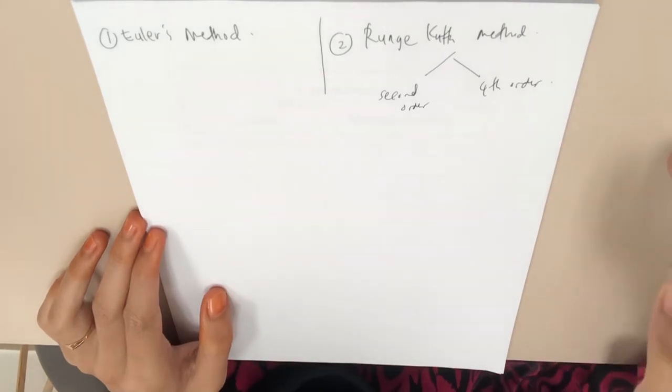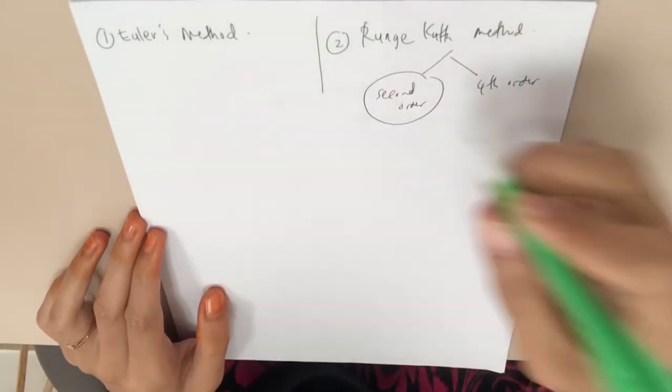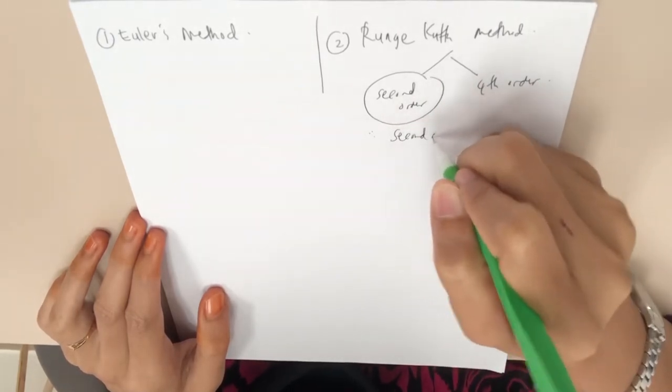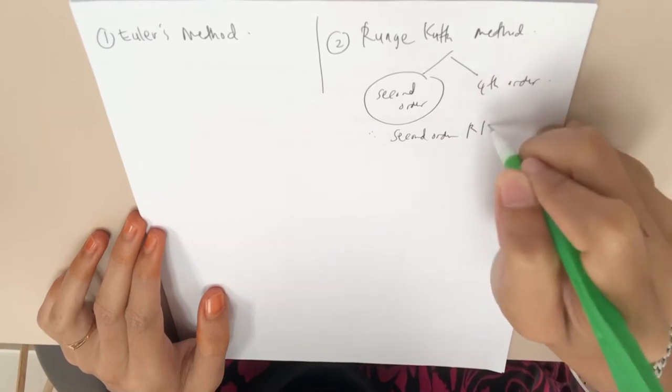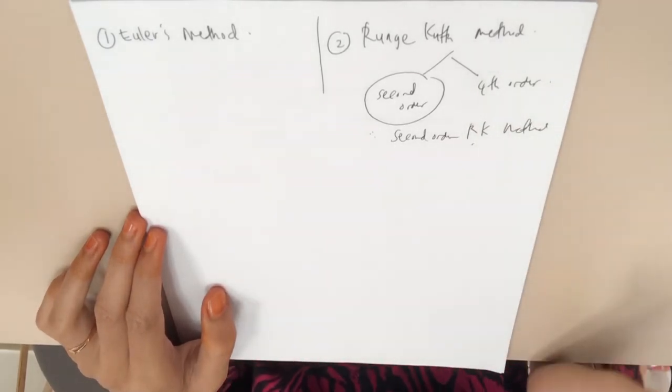But for our syllabus now, we will focus on second order. So the name for this method is the second order Runge-Kutta method. I use RK to stand for Runge-Kutta.